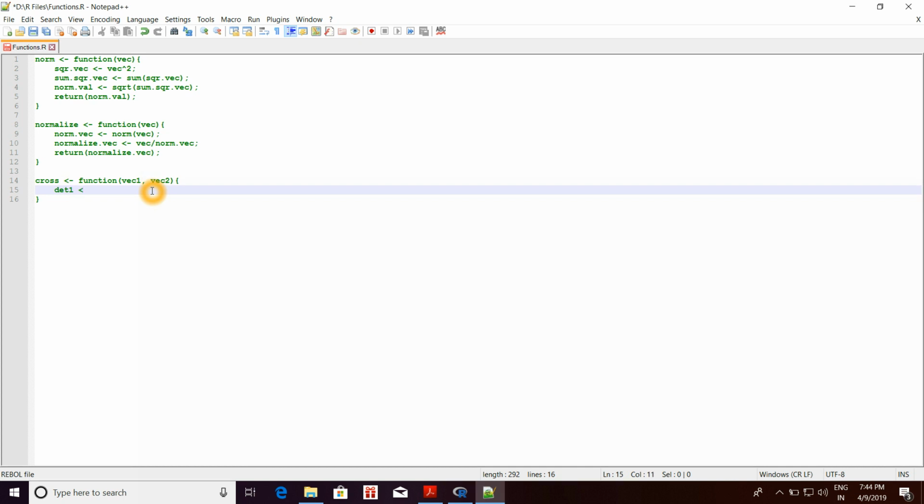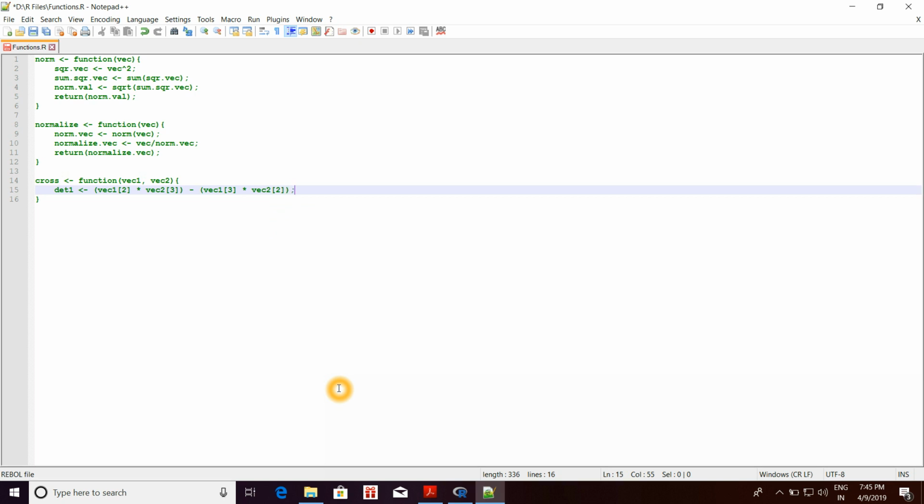So det 1 will be vec 1 2 into vec 2 3 minus vec 1 3 into vec 2 2.